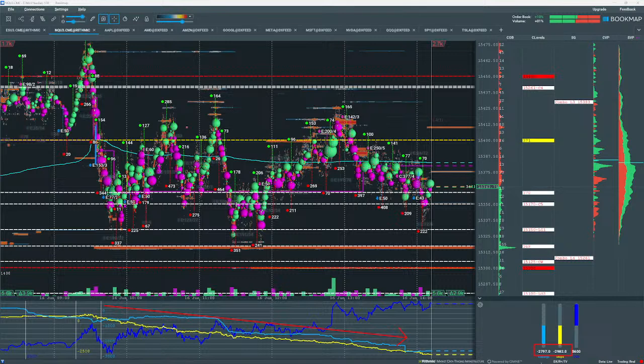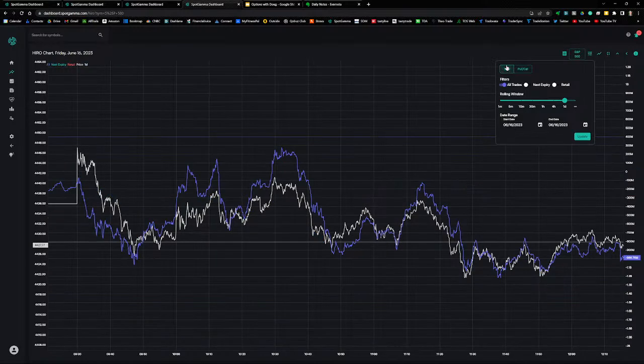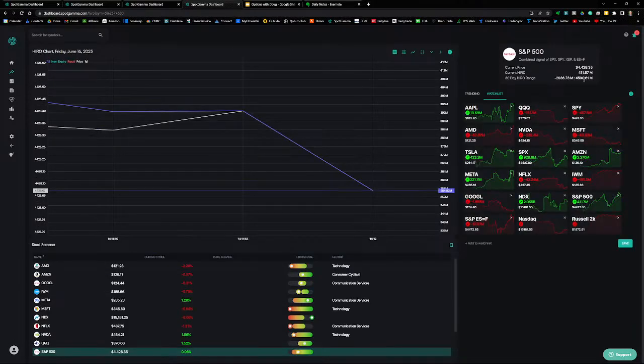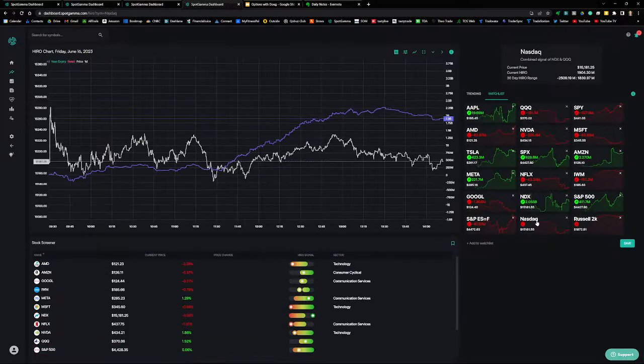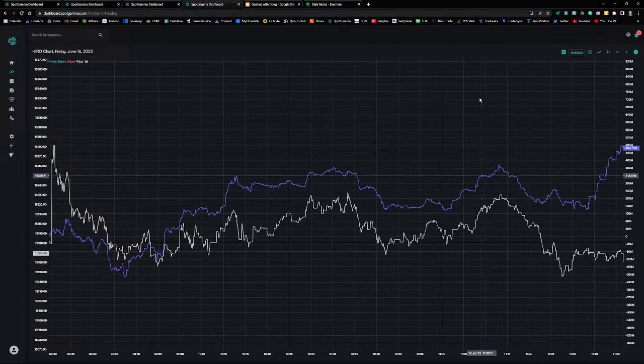Let's go take a look at Hero for NASDAQ. And actually, it's a little bit easier to see the S&P 500. This total line showing puts and calls is definitely negative in the morning session. Or let's take a look at NASDAQ now. And not nearly as clear.